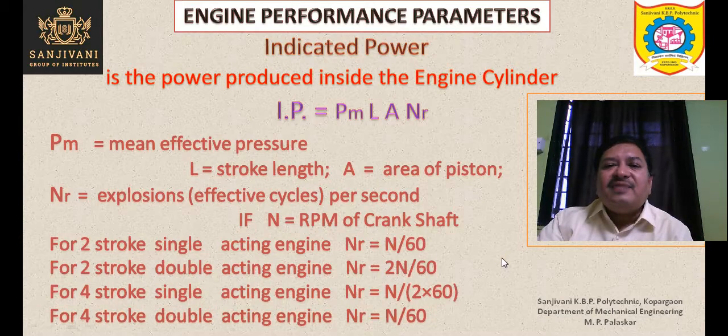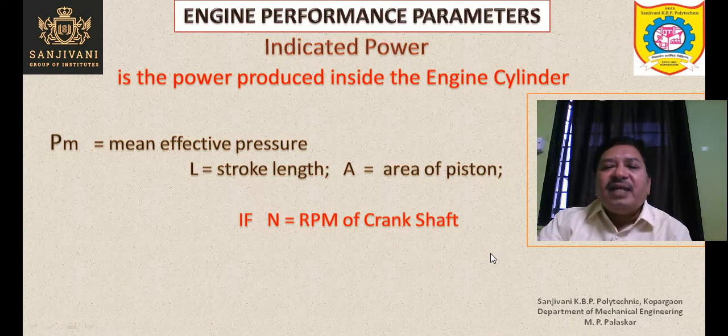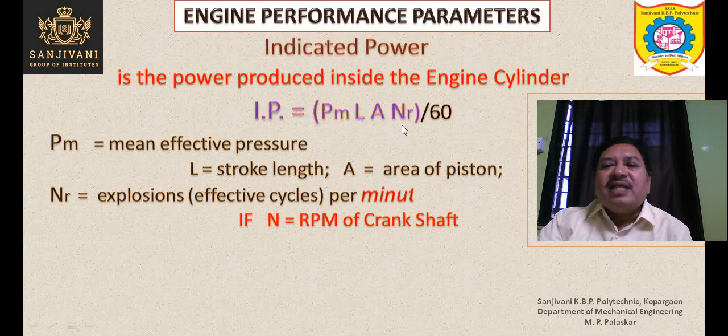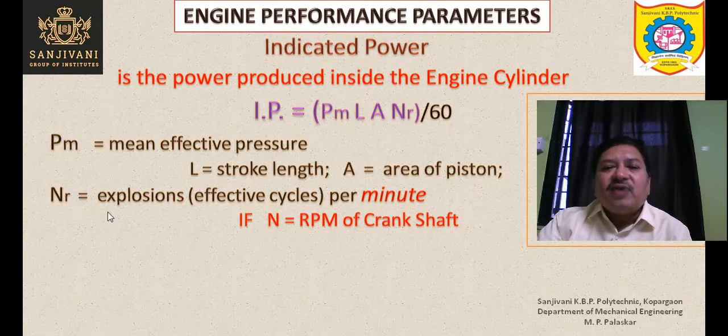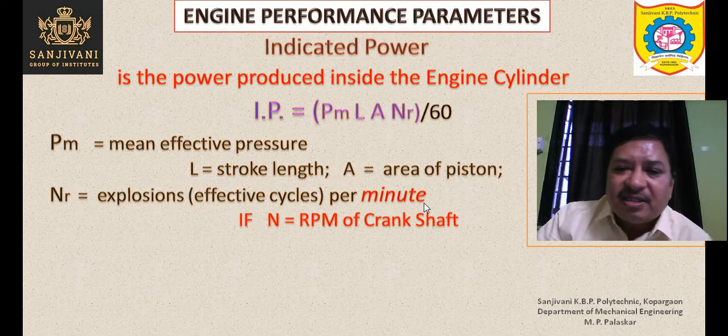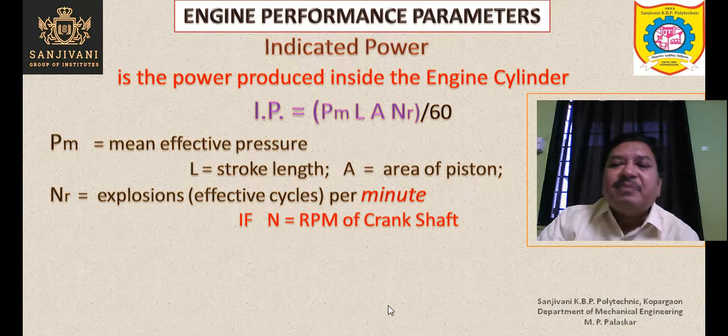Now we can write this formula in a different way. There is one more way of writing this formula. Here in the formula itself we can divide by 60. So if we divide by 60 in the formula itself, then we have to change the definition of NR. So NR becomes explosions or effective cycles per minute. Instead of per second, we take it as per minute, so that these equations will become simpler.